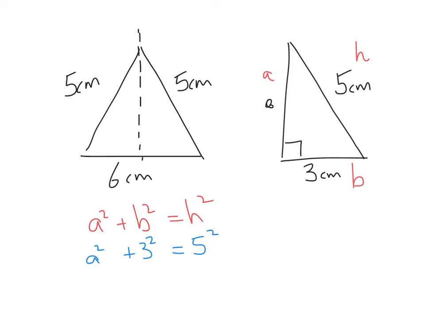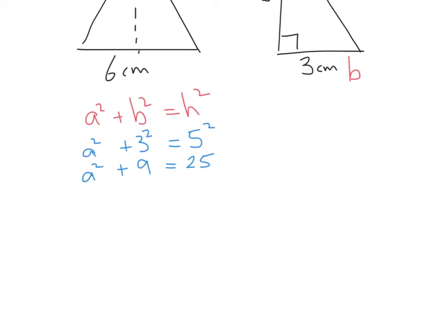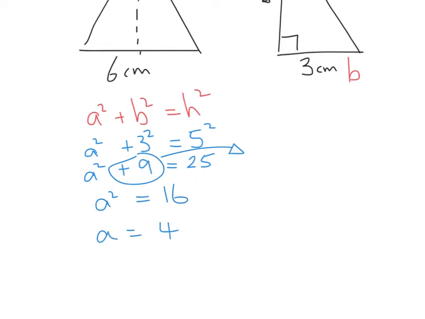Let's multiply it all out now. a squared plus 9 equals 25. And we'll swap side and swap sign. So a squared equals 25 take away 9, because this goes across, which is 16, so a would be 4.